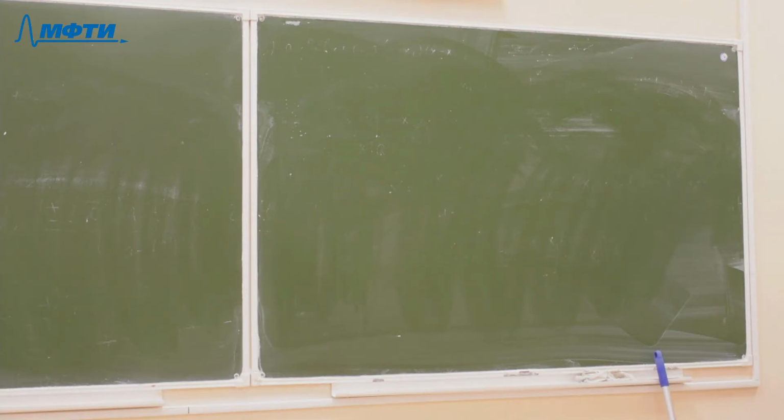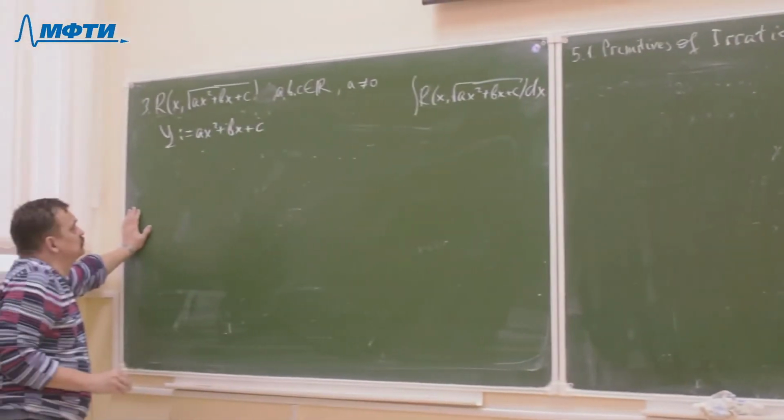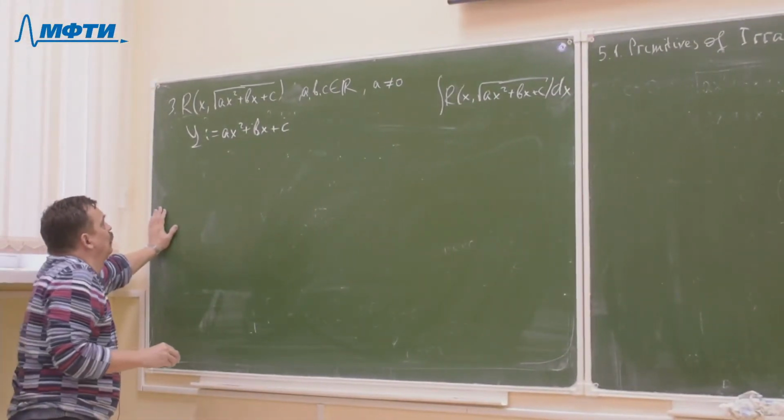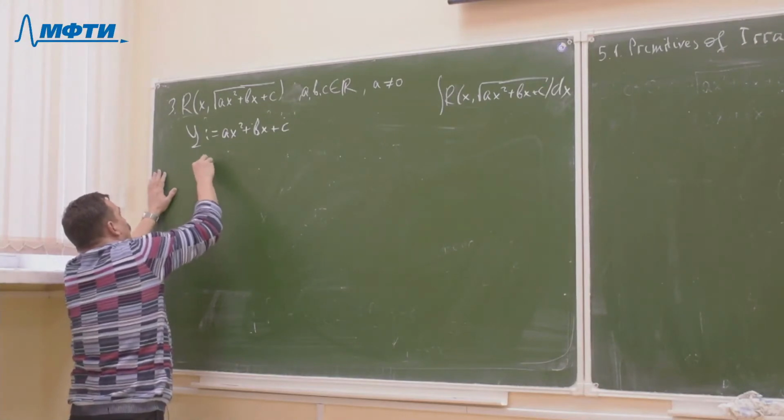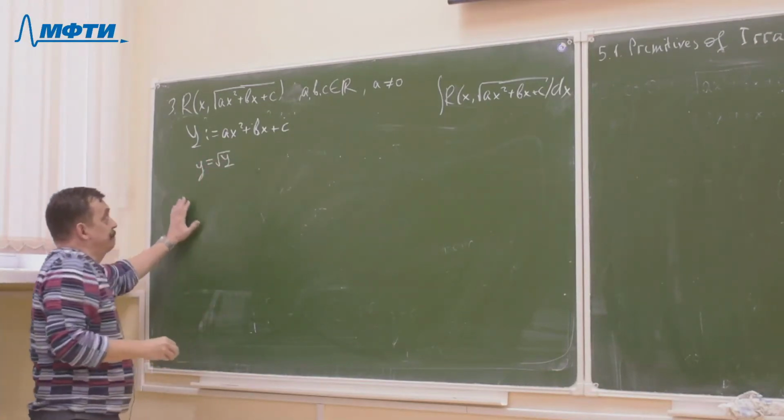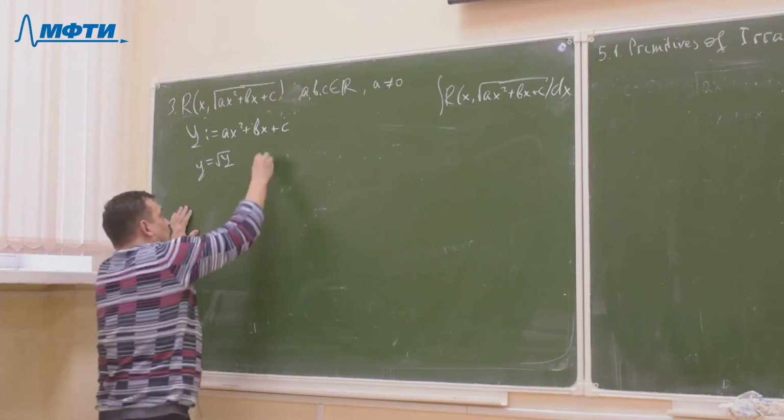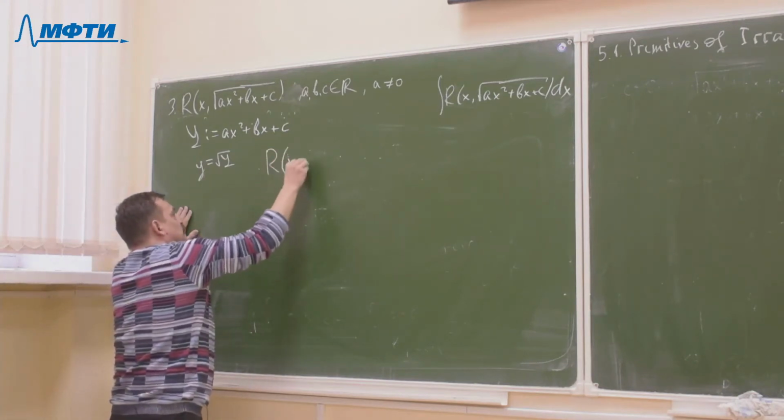So, let me make such a notation. Denote capital Y as our quadratic polynomial, sorry, and small y is the square root of capital Y. Now, what is a rational function of x, y?